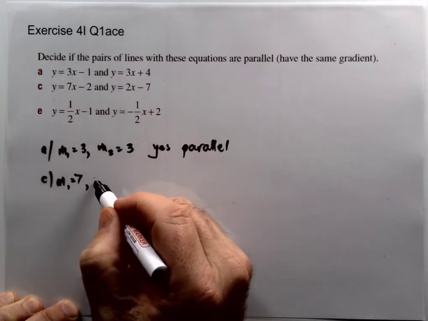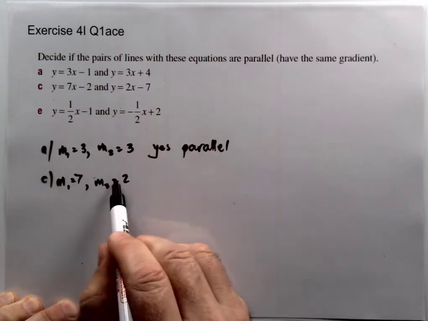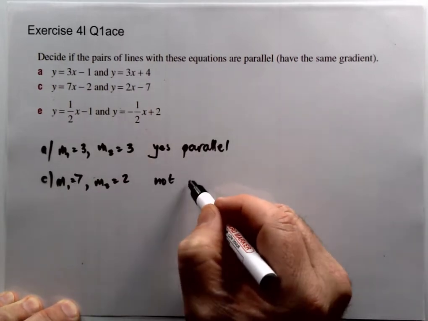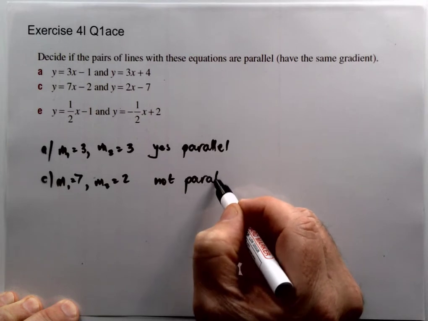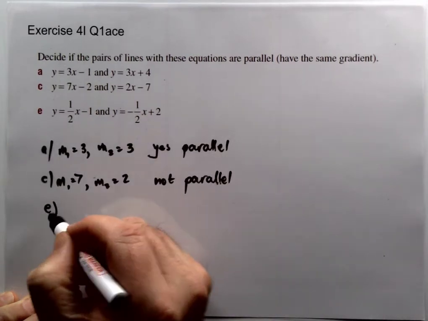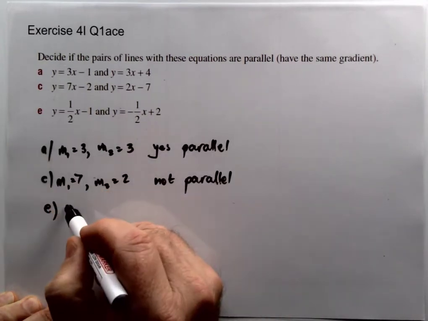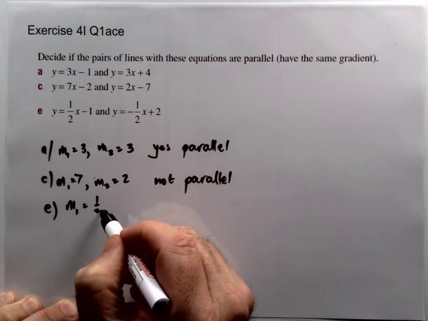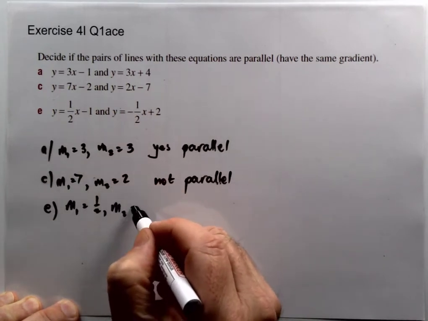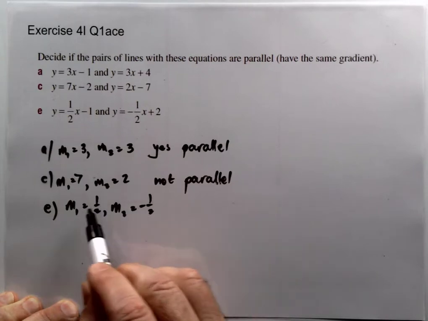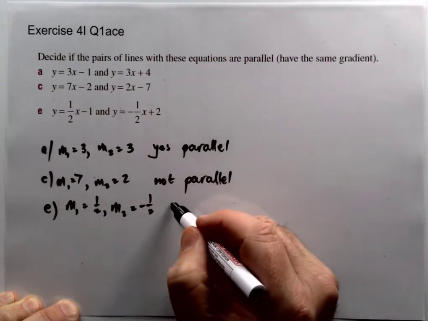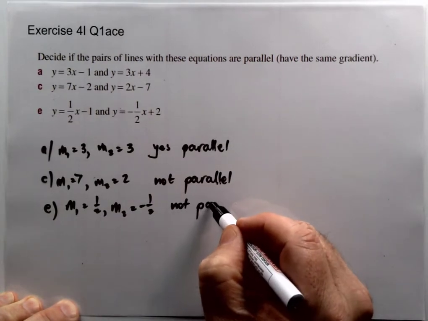The second gradient's equal to 2. They're not equal, so no, they're not parallel. And part E, we've got the first gradient being equal to a half. The second gradient is equal to minus a half. Again, they're not the same, so one's positive, one's negative, so they're not parallel.